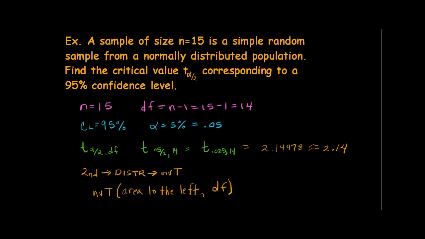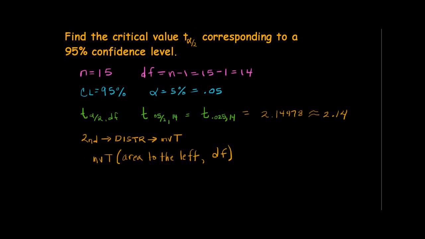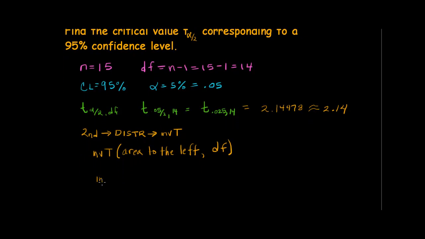So in our case, we put in 1 minus 0.025, comma 14. And that's where we got our 2.14. So practice doing this with your calculator.